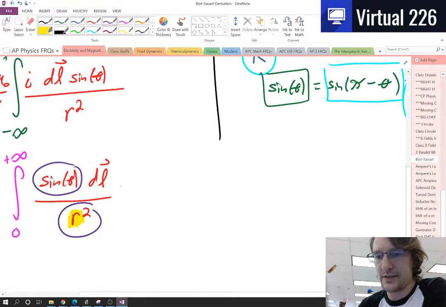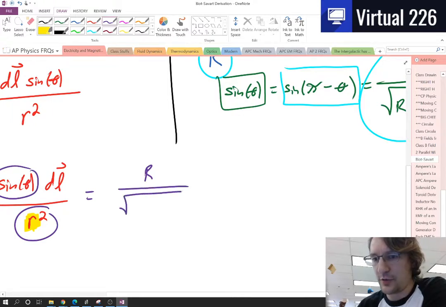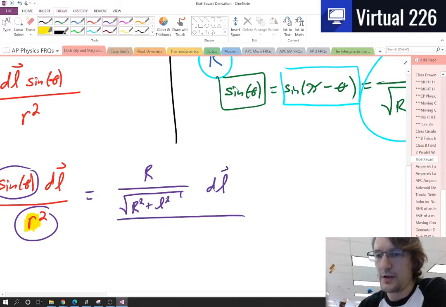So if we write this out, this is looking so weird already, it's going to be r over the square root of r squared plus L squared dl over the square root of r squared plus L squared, so over r squared plus L squared.